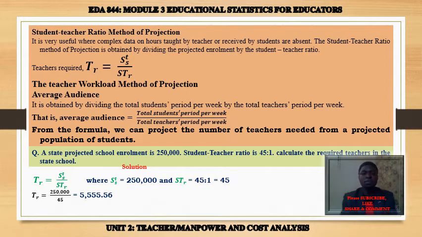But since we cannot have a fraction of teachers, all we need to do is to approximate this to 5,556, and this is how approximation is done.